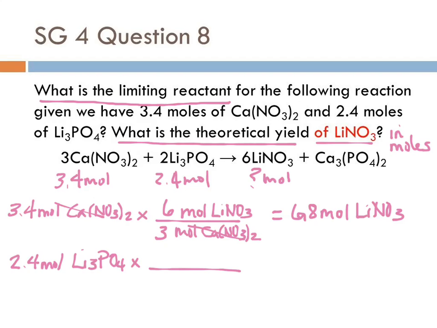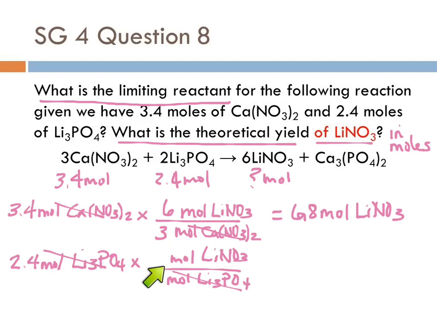We're finding the amount of the same product. We're going to the same place, so we're going to moles of lithium nitrate. And now we're going to divide by moles of lithium phosphate, because we want those to cancel out.